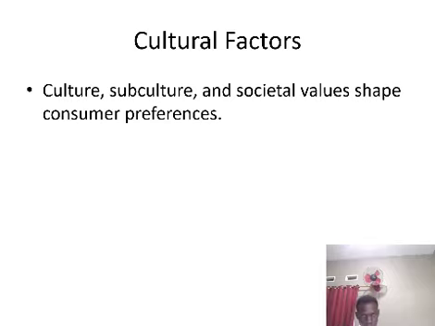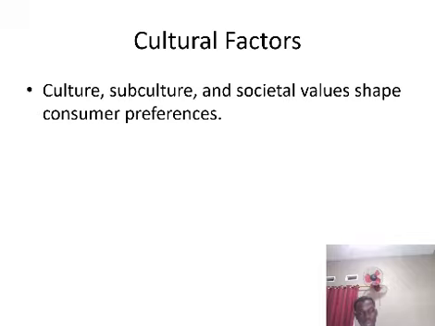Cultural factors: culture, subculture, and societal values shape consumer preferences. Internal factors include motivation, perception, personality, and learning, and external factors include culture, family, social class, peers, and marketing.